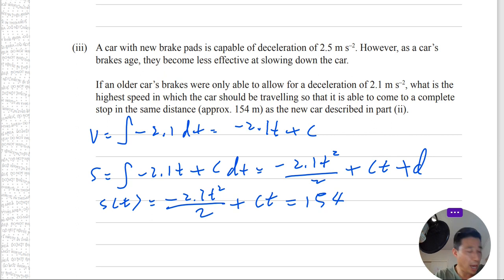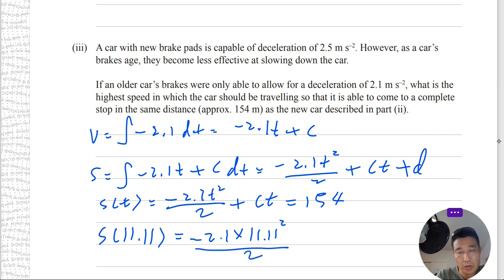And it says that is 154. Then we have to find c because it takes 11.11 seconds, right? So s of 11.11. So we plug 11.11 into t. So negative 2.1 times 11.11 squared over 2 plus 11.11c equals 154.